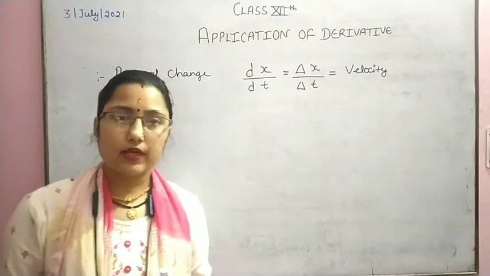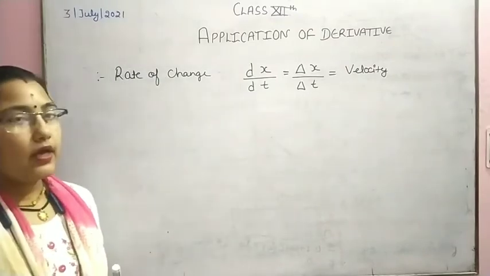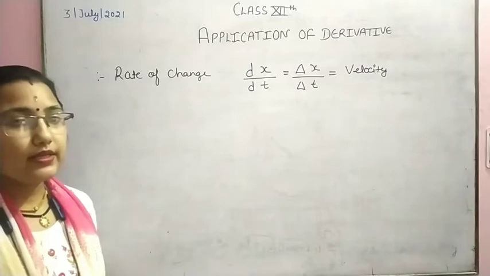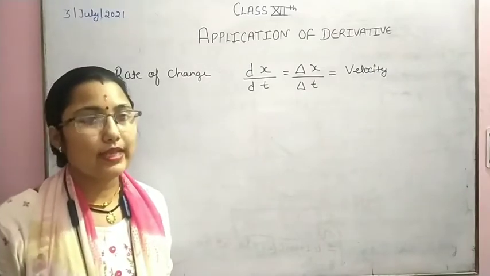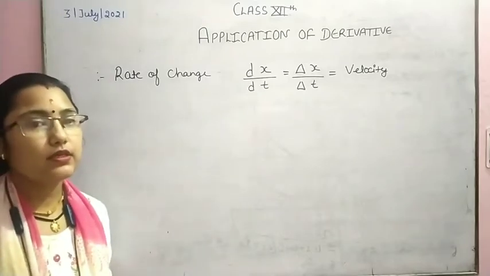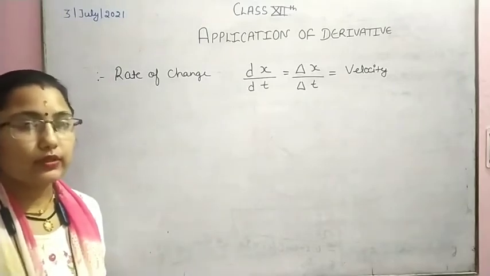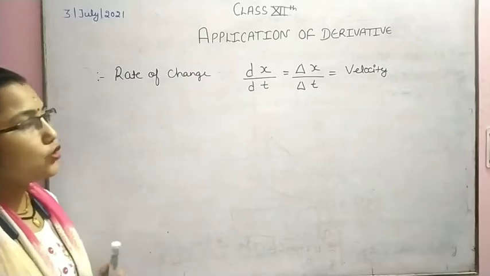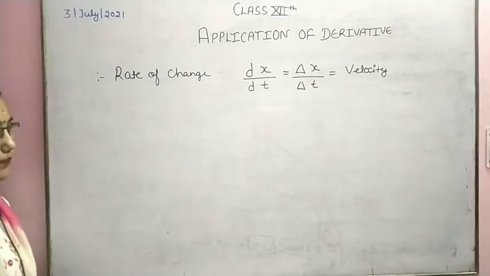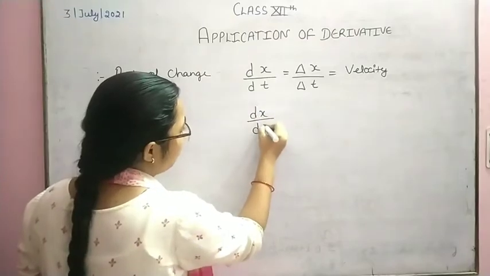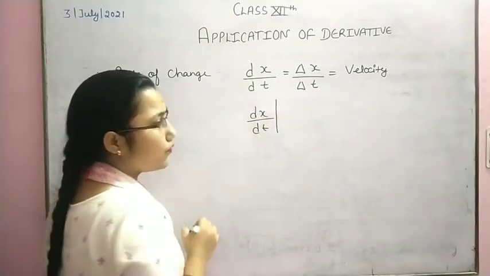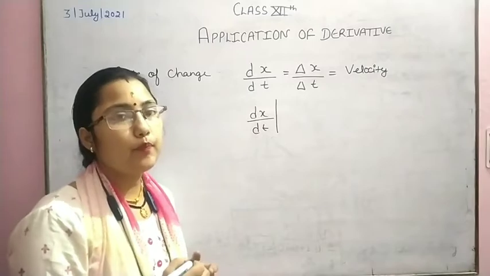Another example. Suppose we take a circle and consider that its radius is continuously changing. If the radius of the circle is continuously changed, that means the area of the circle is also changed. So that is known as the rate of change of a quantity. In this chapter, we discuss the rate of change of a quantity at an instant point.